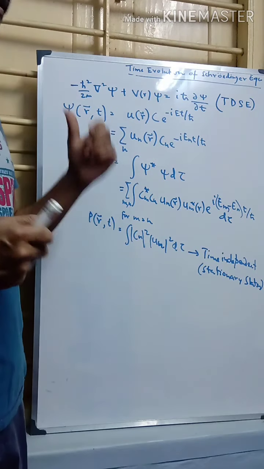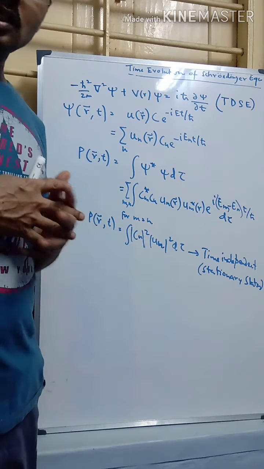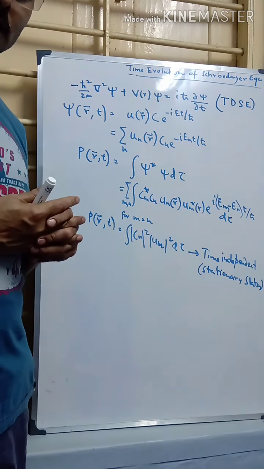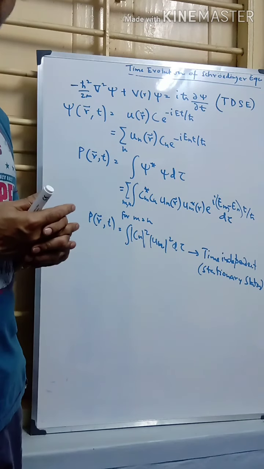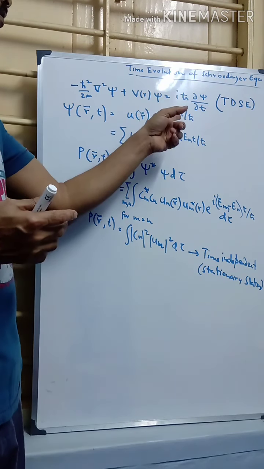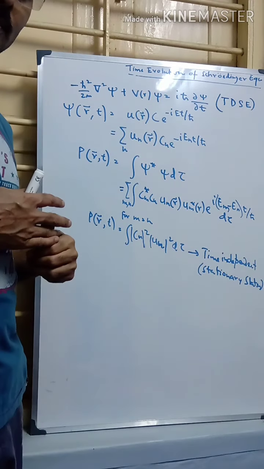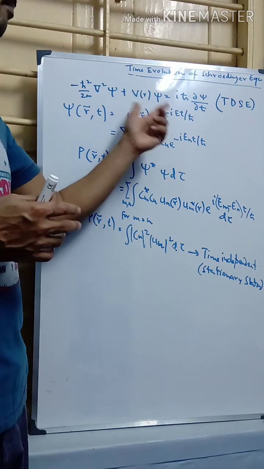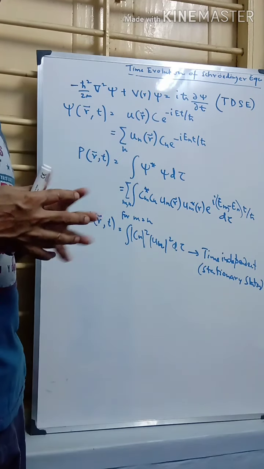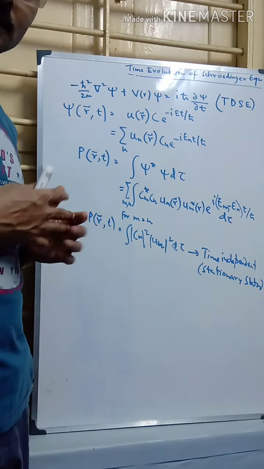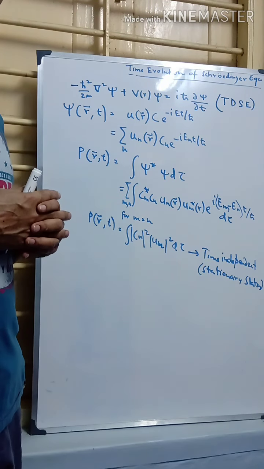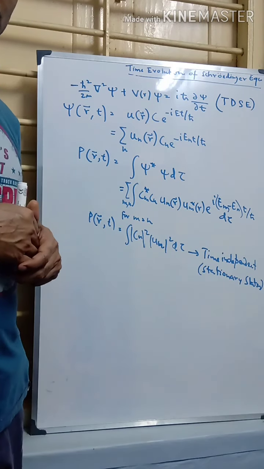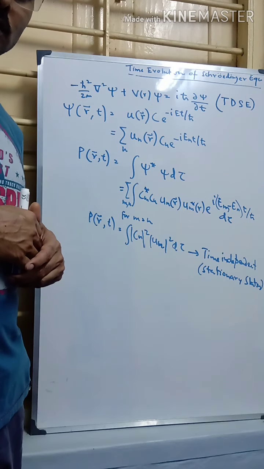So if our potential is not a function of time, then the corresponding states could be stationary states, although they may have an exponential time dependence. But whenever you take a complex conjugate, this i would cancel with minus i, and they would cancel out to give you a probability density which is time independent, and that is the concept of stationary state, which was talked about by Niels Bohr.